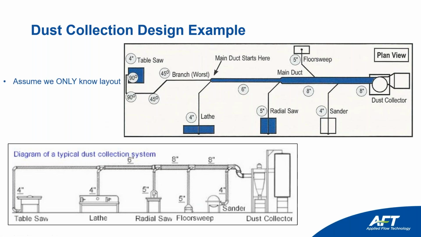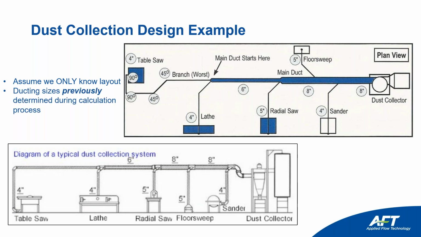Now, the important thing here is that when we were doing this model last time, we only knew what the layout was. The example that I got this from did not say any information about what the ducting lengths should be, what the elevations were.